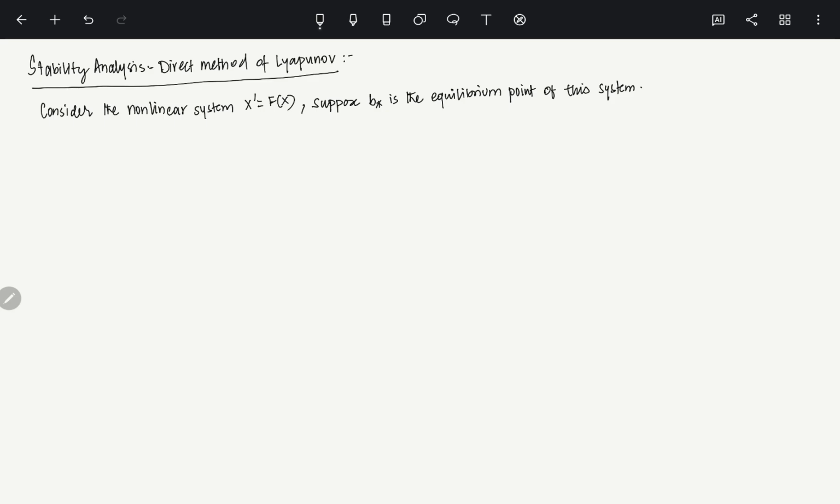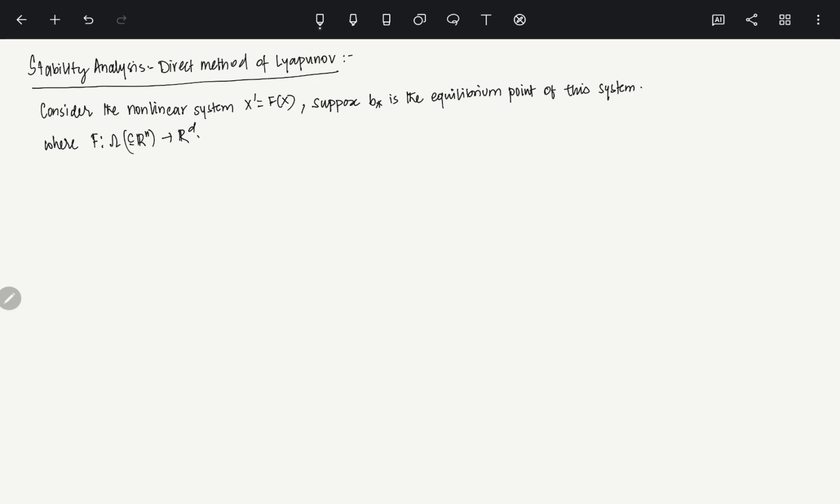Of course b star is in R^n, where we are assuming f is from omega, a subset of R^n, to R^d. So basically b star is in omega.